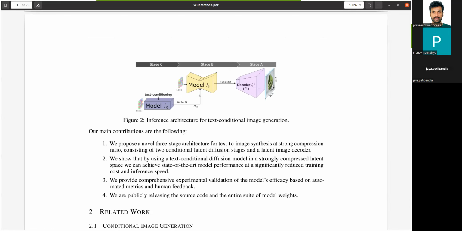Most of the reconstruction happens in stage C, which takes very little compute because it operates in a 24-dimensional space. Whereas stage B, which operates at 256 by 256, requires fewer iterations to converge. So overall, the inference time would be much lower than stable diffusion.